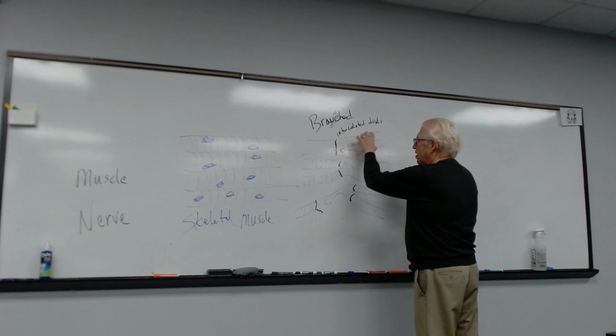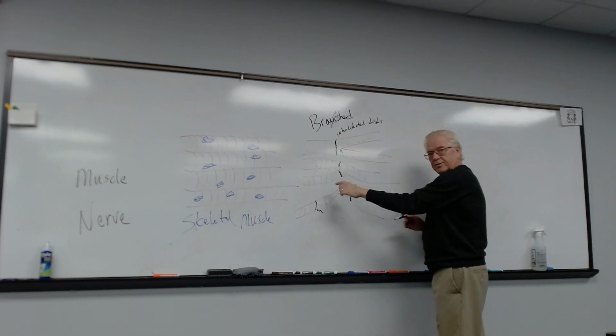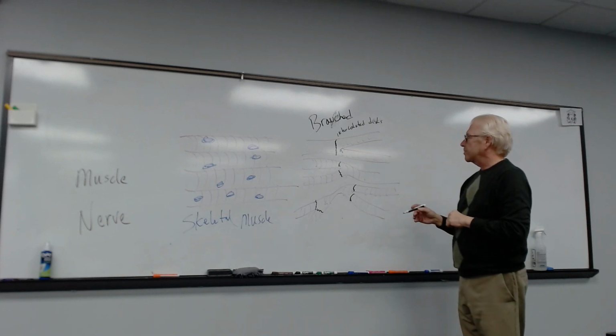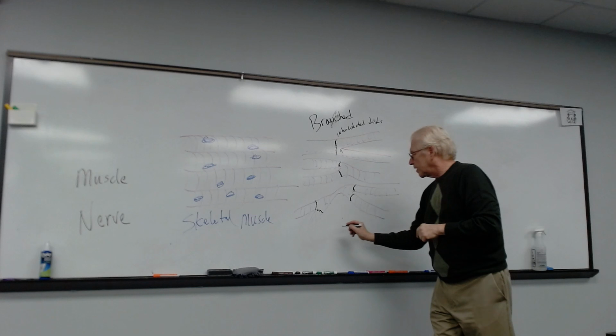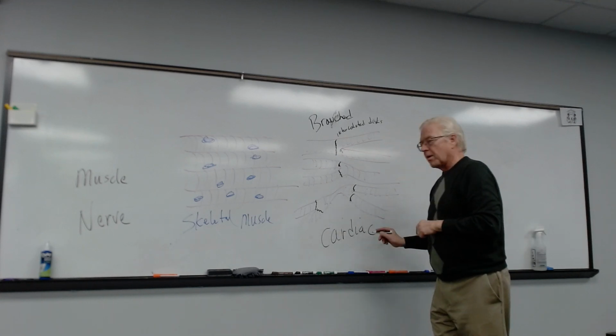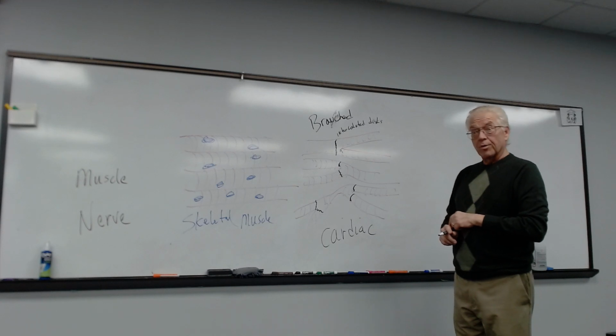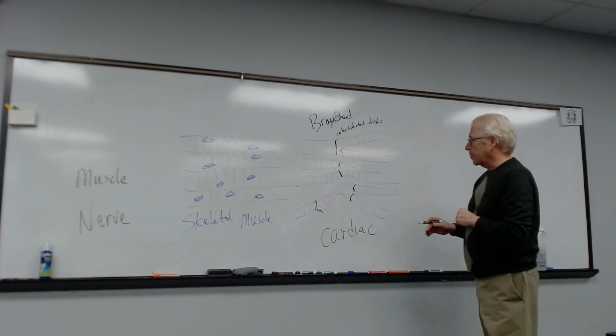That's where this cell attaches to this cell and this cell, and where this cell attaches and this cell attaches. Okay? That's where they attach. But they're not lined up. Got it? So this is your cardiac muscle. And gee, where's the only place that's found? The heart. Okay? Cardiac muscle.